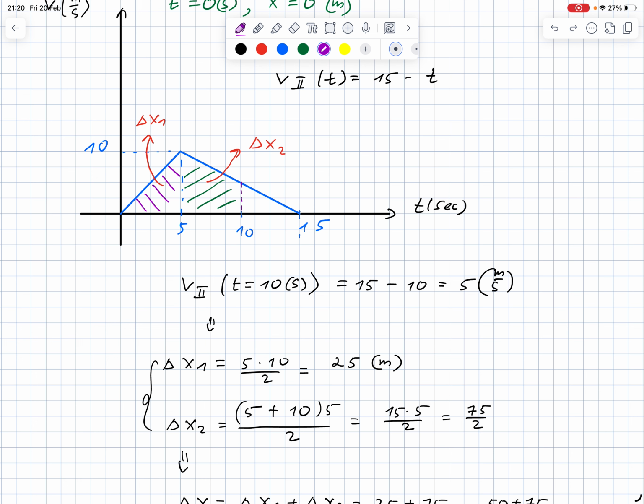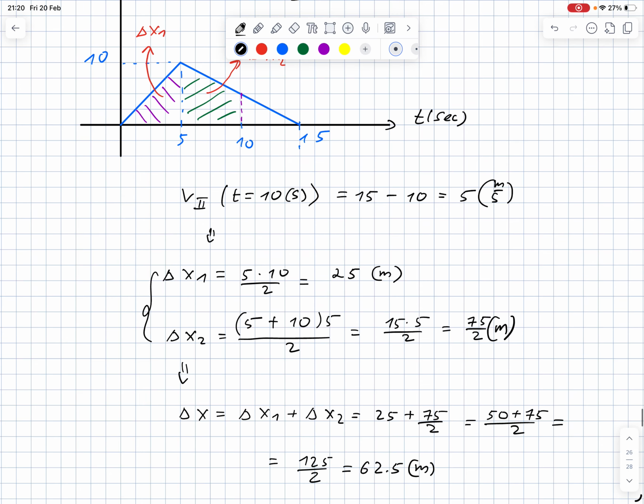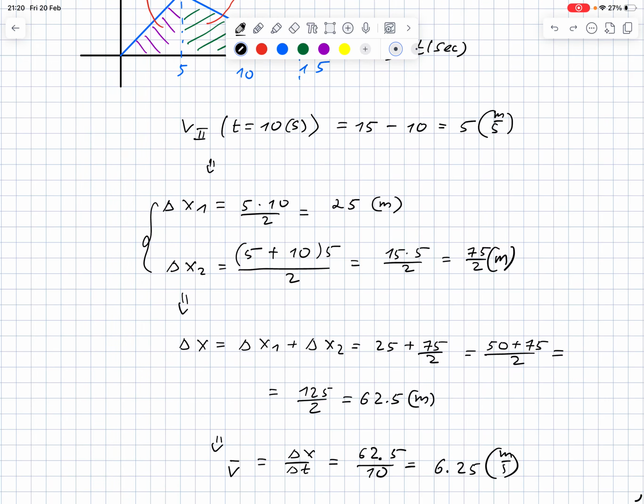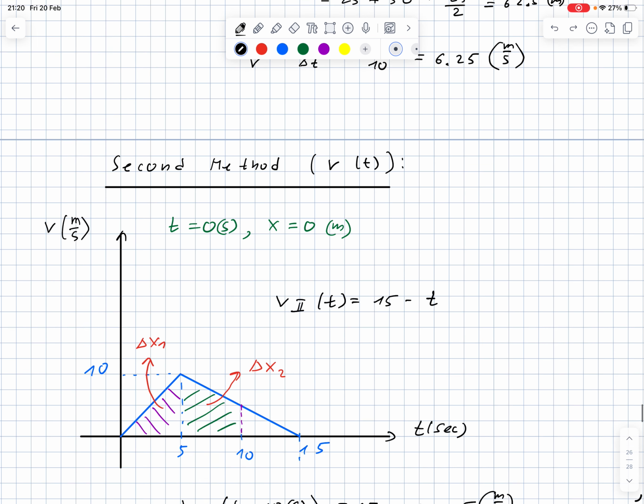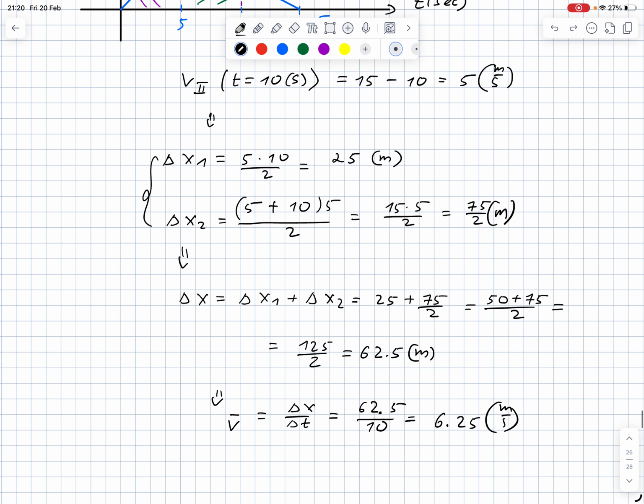This is the value, and we should add meters. Finally we can calculate the displacement between the initial time of 0 seconds and 10 seconds, and we get that the final displacement equals 62.5, which is the same value that we got from the first method. Now, finally, we can calculate our average velocity, which will give us the same result.